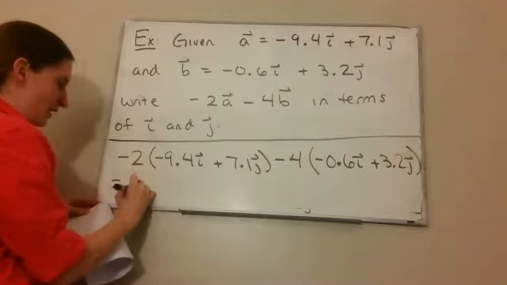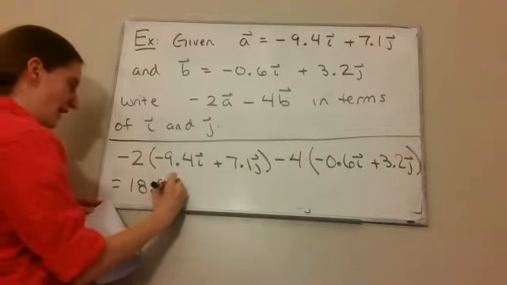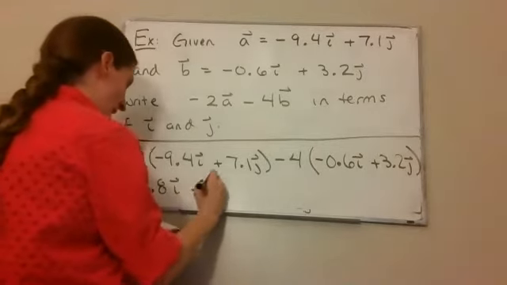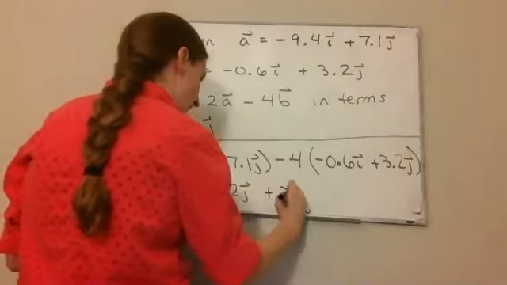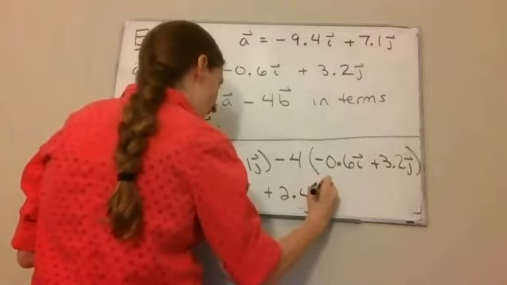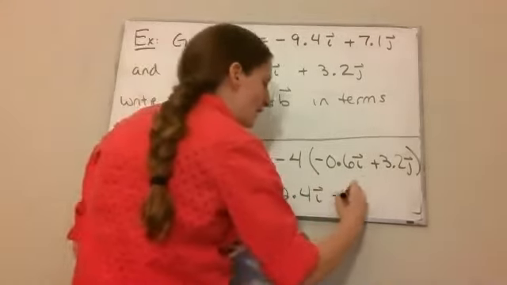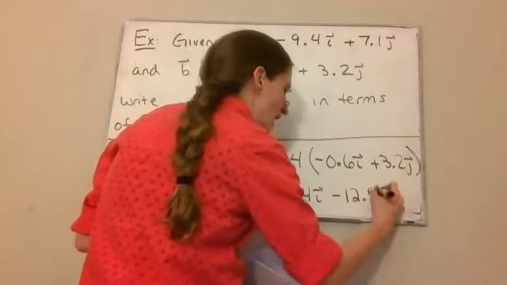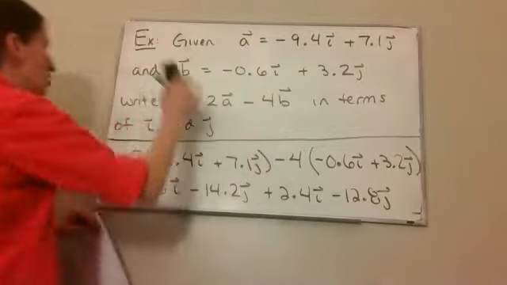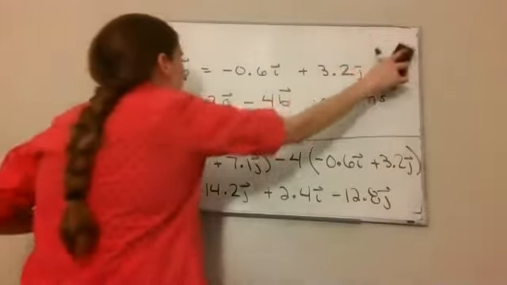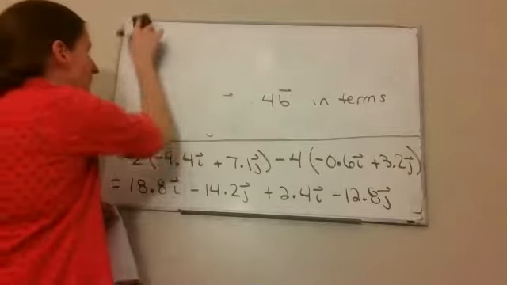And that gets me 18.8i minus 14.2j plus 2.4i minus 12.8j. And then I can just combine my i's together and combine my j's together, and we'll have the fully simplified answer.